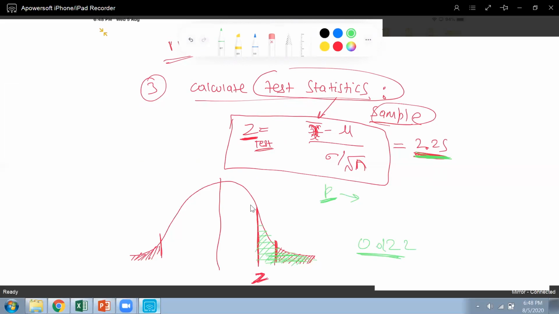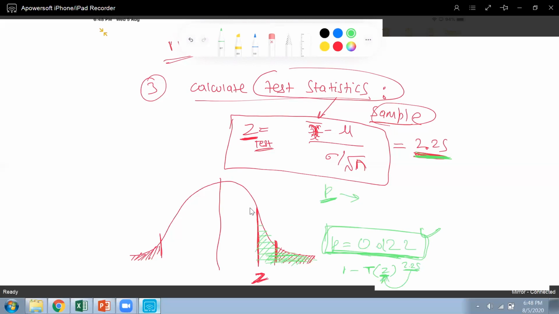Okay, so this will be my p value. You were correct that we need to do 1 minus the value that we get from the table for that particular z value. The z value was 2.25.